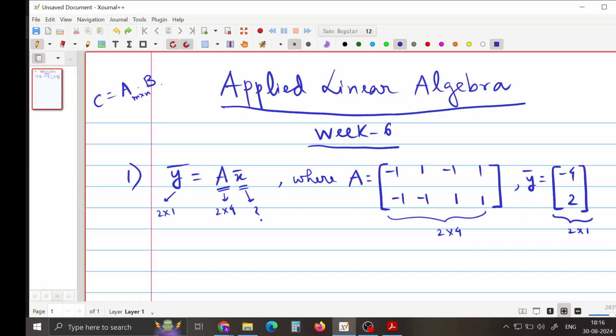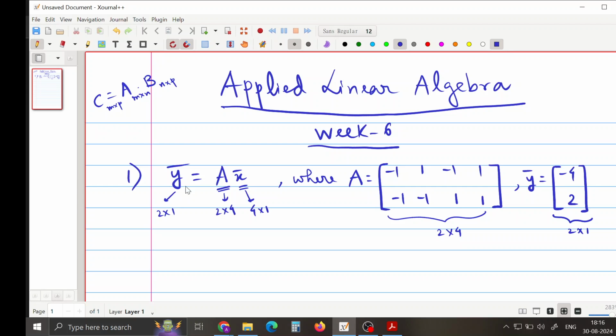That's my condition. So B should be some n cross, let's say P. Then only this multiplication will make sense, and the resultant matrix after multiplication, let me call it C, would be of dimension m cross P. So you can imagine that n and n get cancelled, and we are left with m cross P. It's the same idea that we have used here, and we can observe that x should be clearly 4 cross 1.